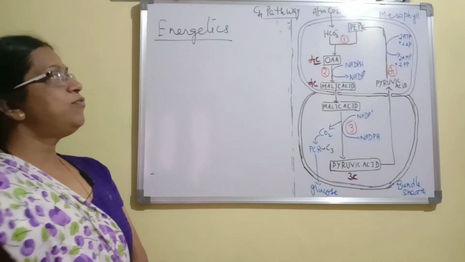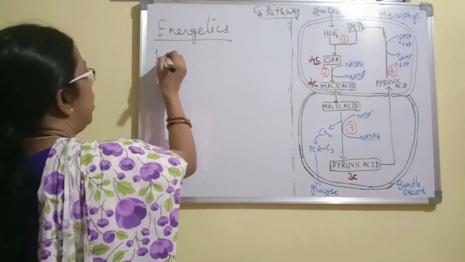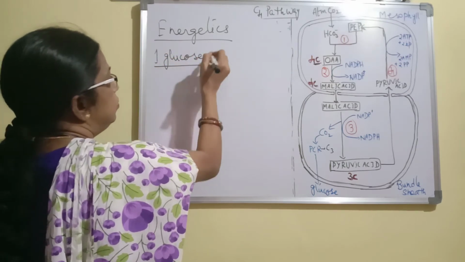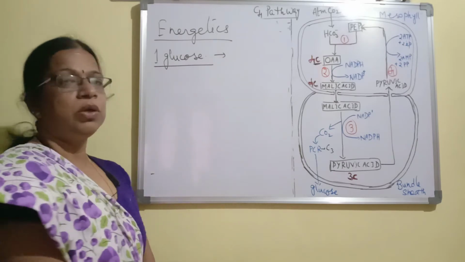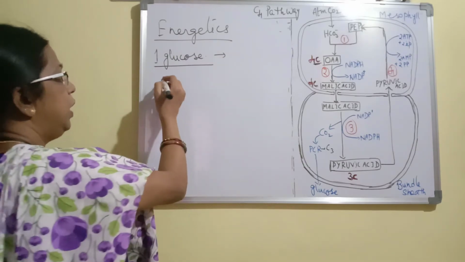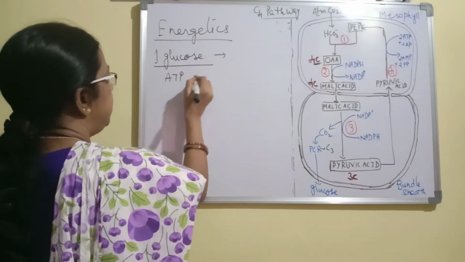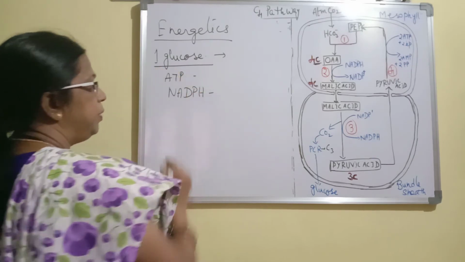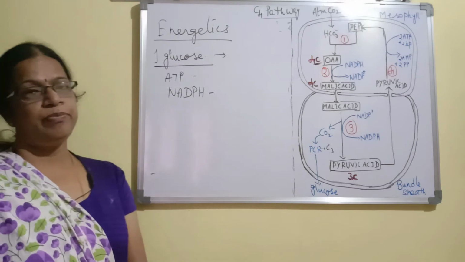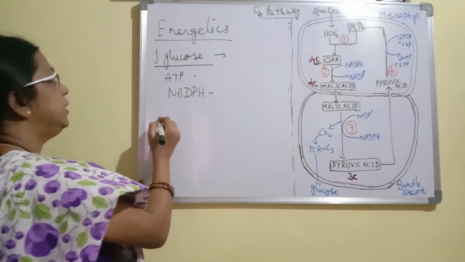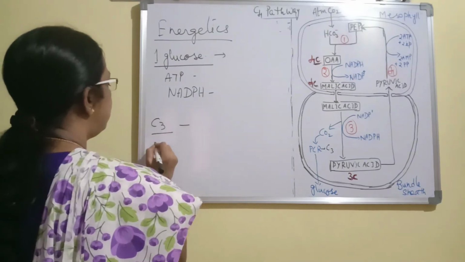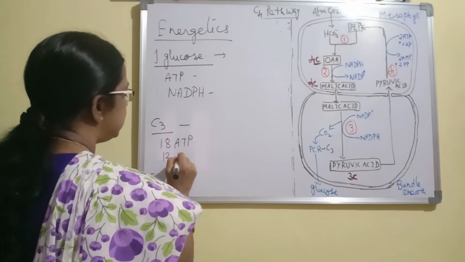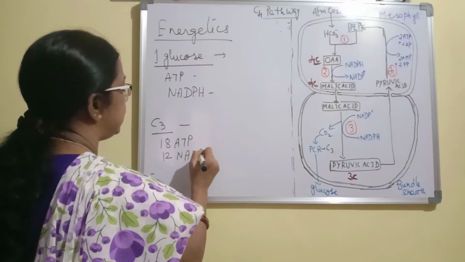So for 1 glucose molecule, we find the number of ATP and NADPH required. In the C3 cycle, we know for 1 glucose there is a requirement of 18 ATP and 12 NADPH.